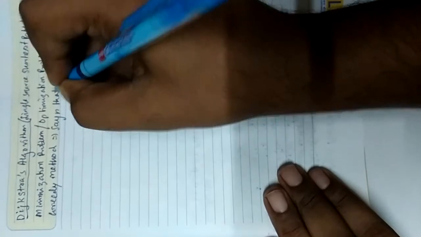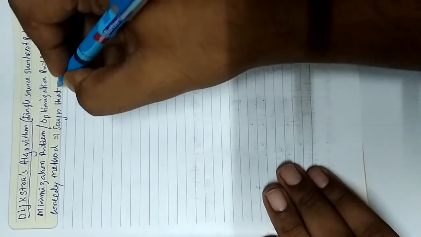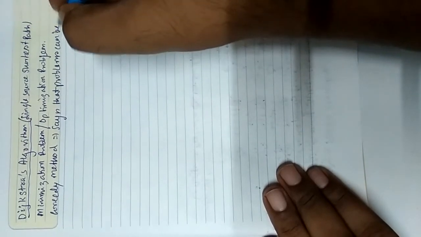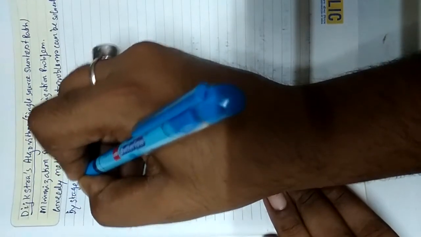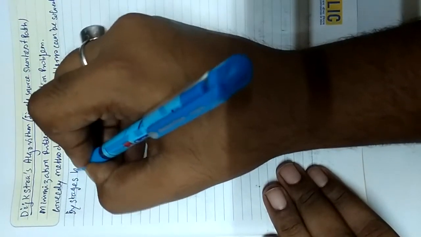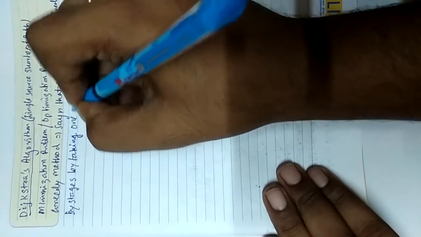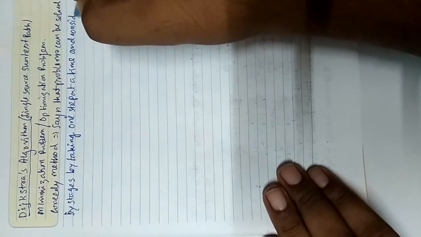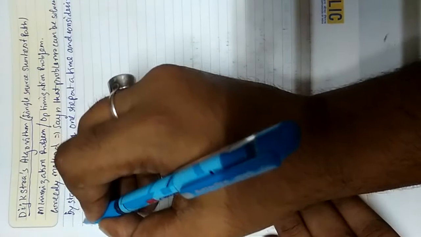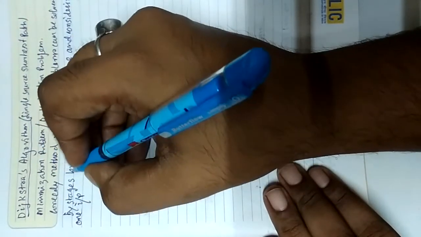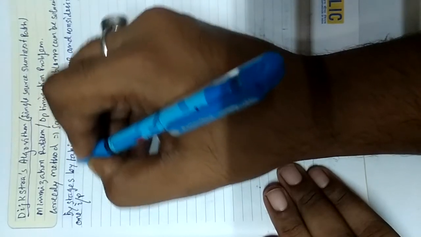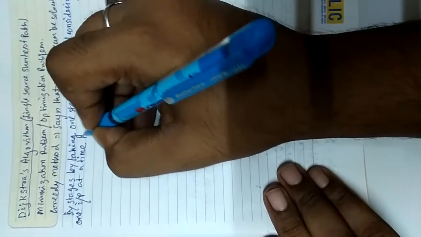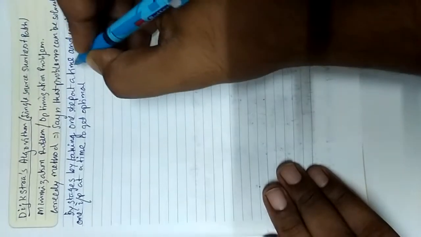So the greedy method says that problems can be solved by stages, by taking one step at a time and considering one input at a time to get the optimal solution.